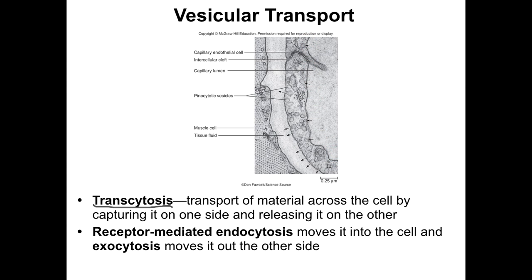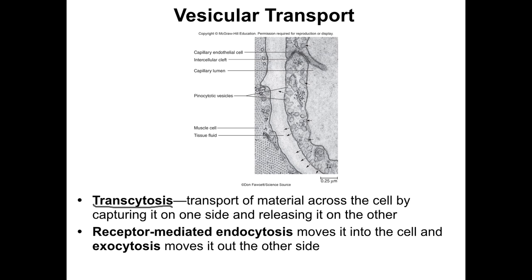And what happens is you take in a bunch of food particles through receptor-mediated endocytosis, but those don't need to go into these cells lining them. Those cells don't need that food, or at least they don't need most of it. Most of that food needs to go into your blood.